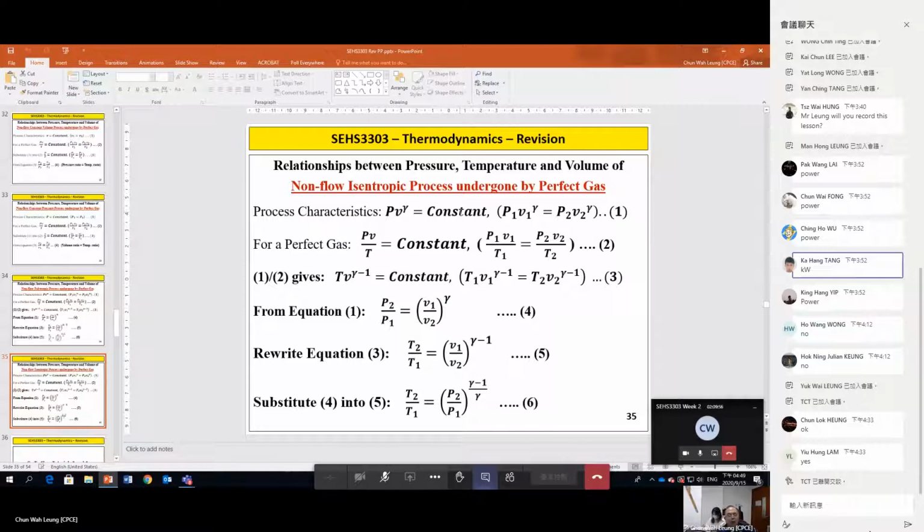Both pressure and volume are changing, but the pressure times the volume to the power gamma gives you a constant value. That is P1 V1 to the power gamma equals P2 V2 to the power gamma. What is gamma?